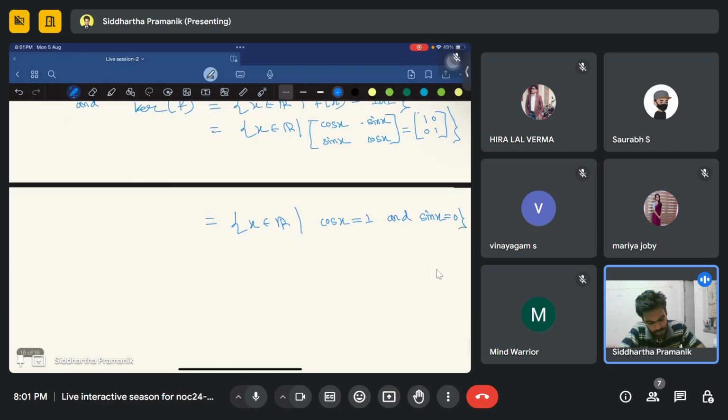Cos x is 1 if and only if x equals n pi, right? But sin n pi is not always 0.